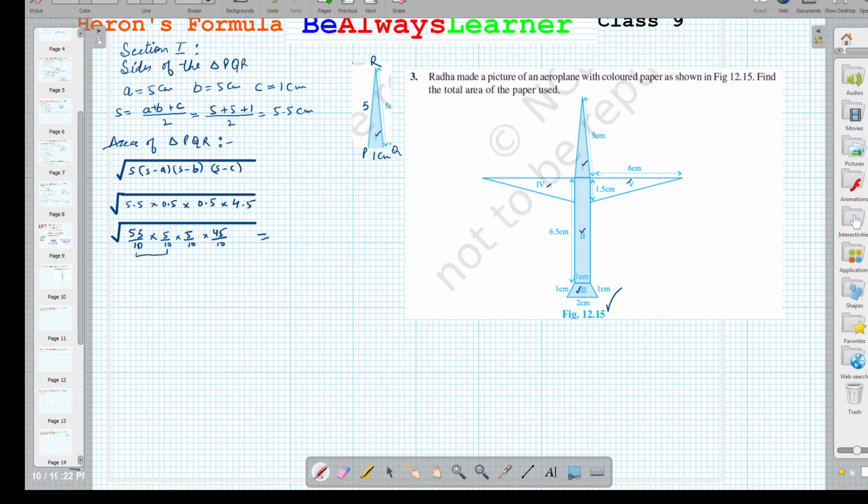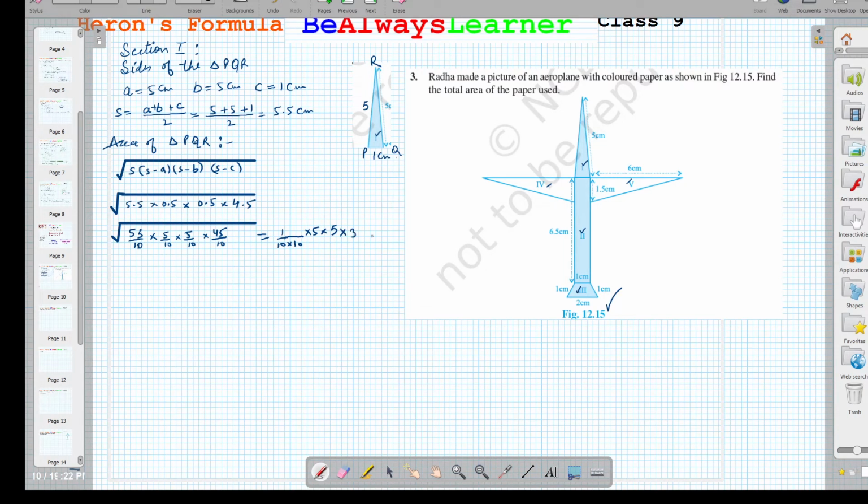So we can make the pairs of 10. Now this is 5, so we can write 5 here multiplied by 5. Here 55 can be written as 11 into 5, so we can have 5 here because 9 into 5 is also there.